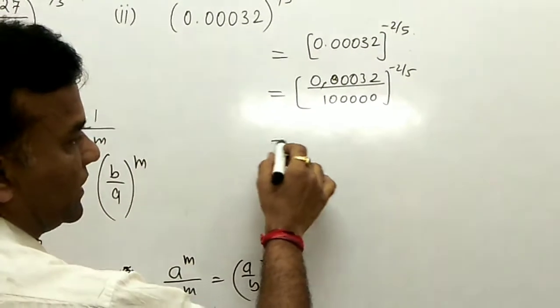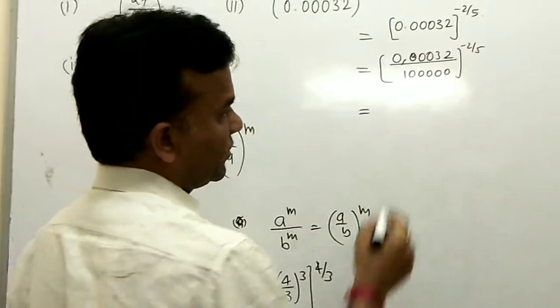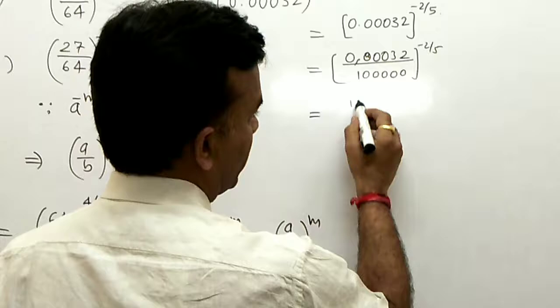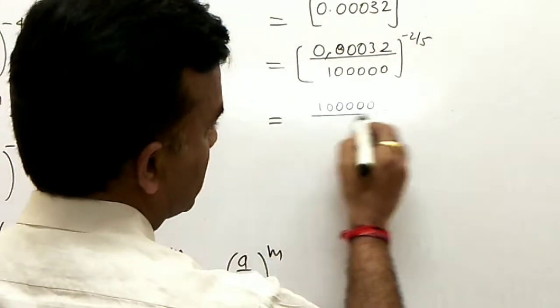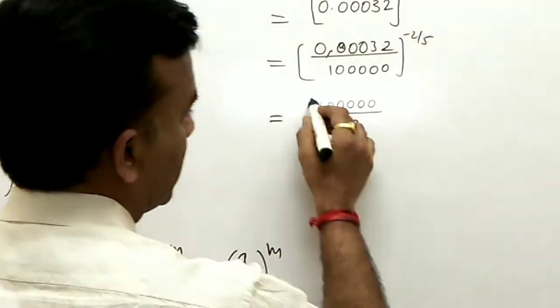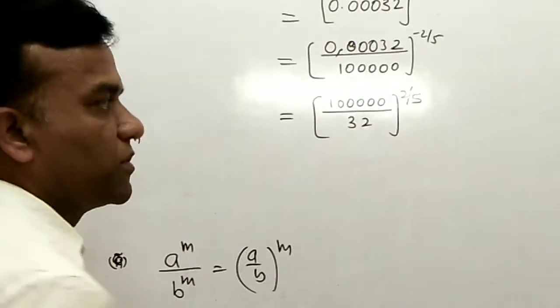Okay, so first you convert the negative power into the positive, then this value goes to the numerator. So you put 1 followed by 5 zeros here, upon 32. Your number is converted and now your exponent is positive.